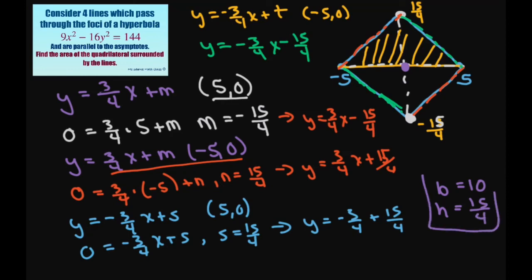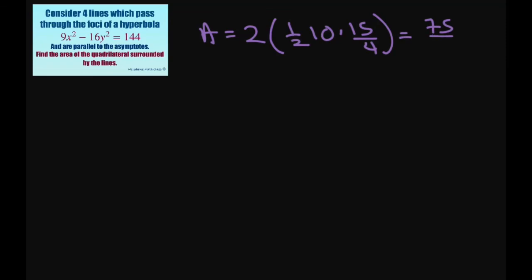I'm going to use my triangle formula and then multiply it by 2 to get the area of the second triangle. So area equals 2 times 1/2 base times height, and this is going to give you 75 divided by 2. So this is the area of the quadrilateral.